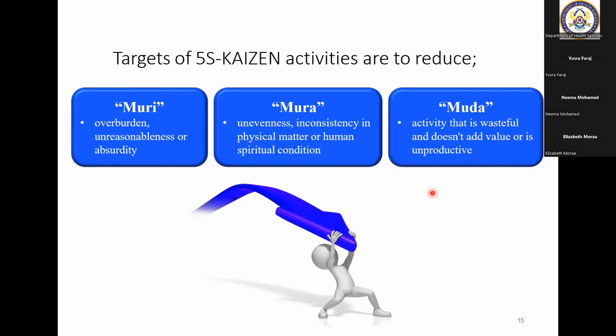So any situation that creates such a situation, yeah. Mura is unevenness, inconsistency, you know, inequity, yeah, and it can be on any part of the health system or even the healthcare workers or the clients on how they are receiving their services, yeah. So we want to reduce or even eliminate those inequities.